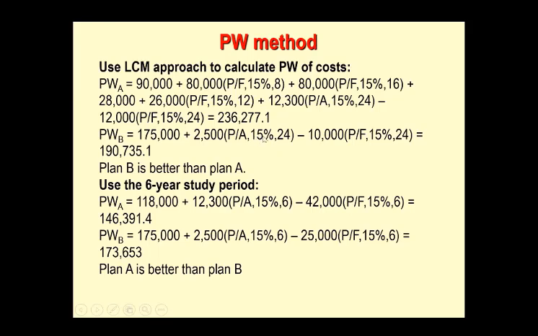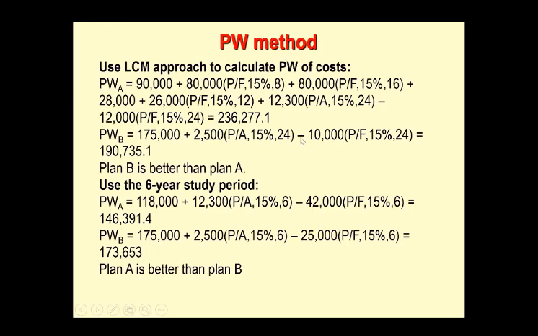And 2,500, what is it? It is the annual operating cost of the conveyor system.